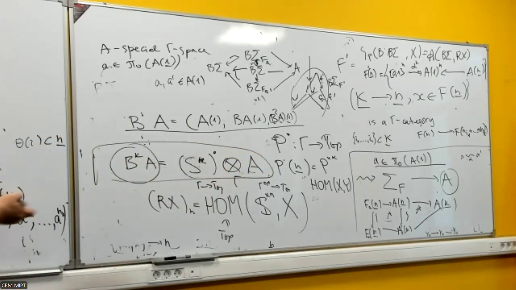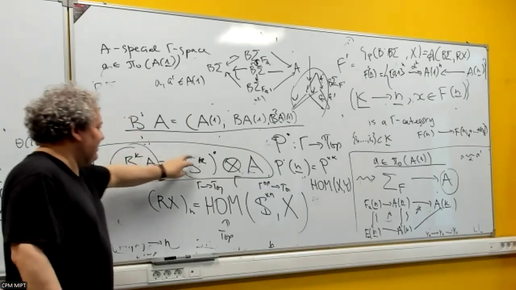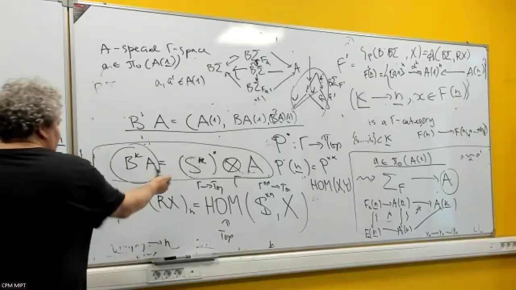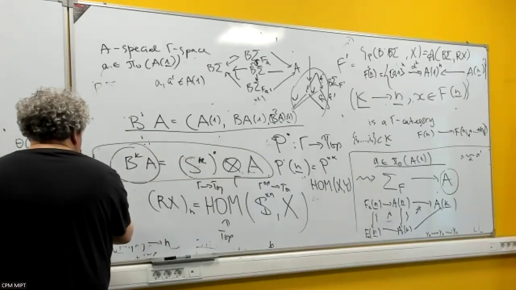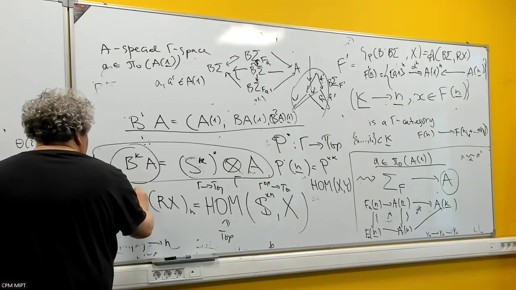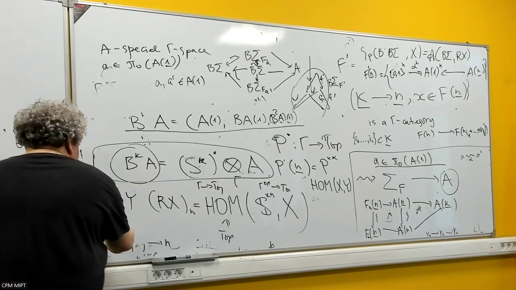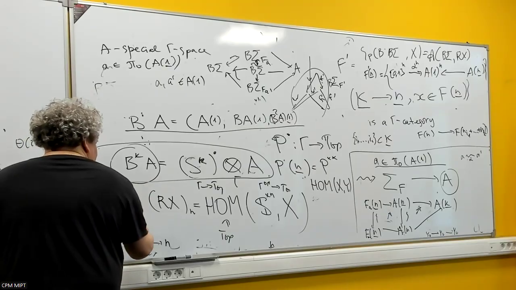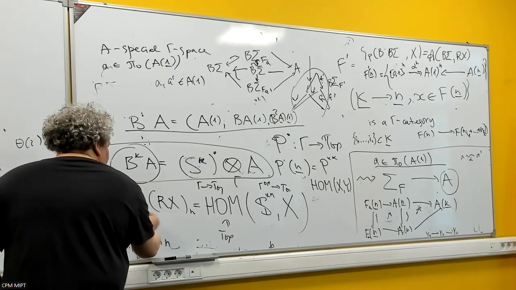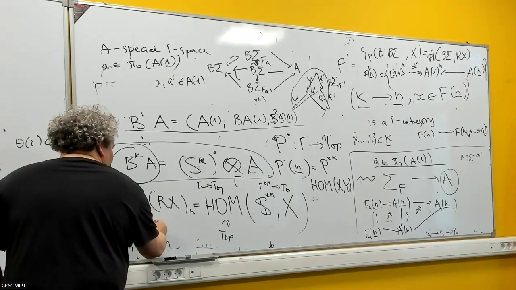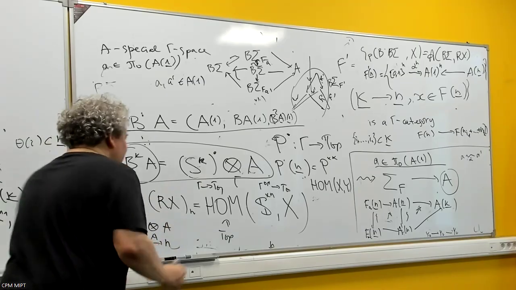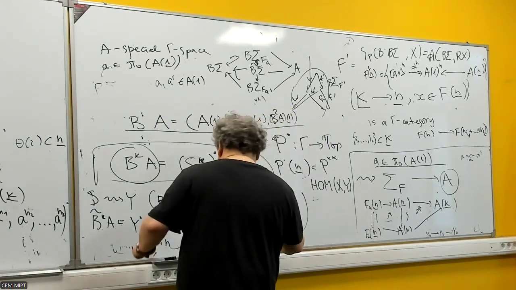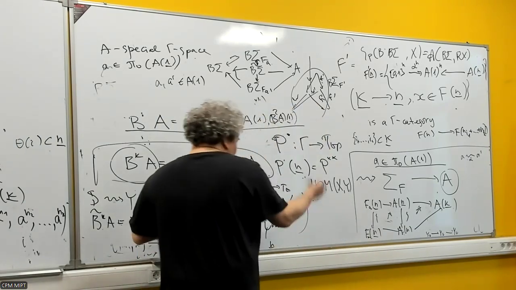But as soon as I have any other spectrum Y instead of the sphere spectrum, I can replace the sphere spectrum with any spectrum Y. Then I can define B tilde_k of A as this Y dot, and here instead of the sphere spectrum I take this spectrum Y in power n, and this would work.